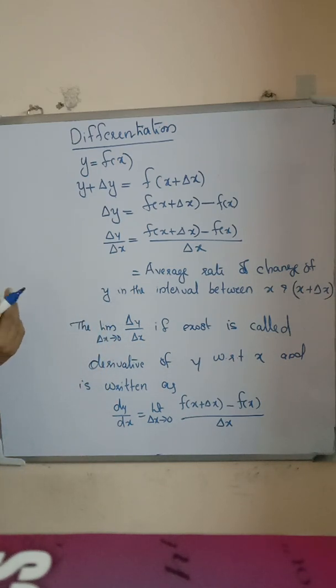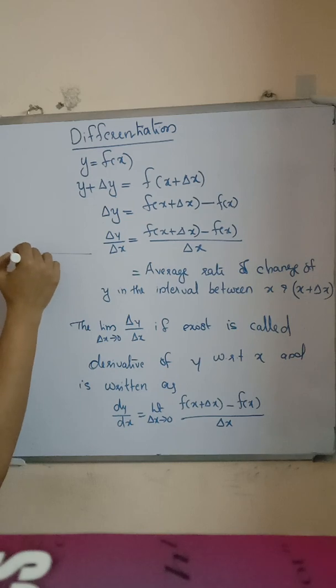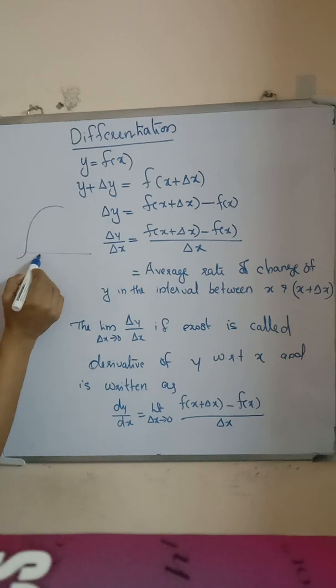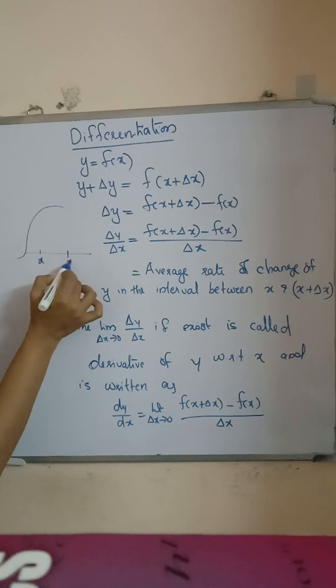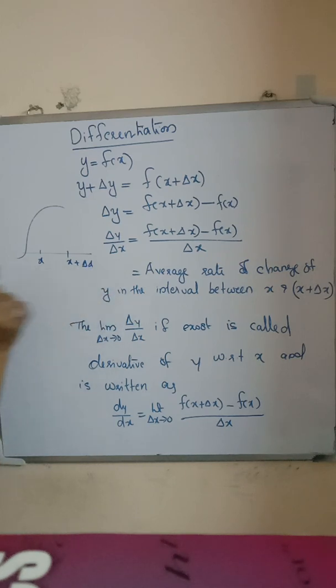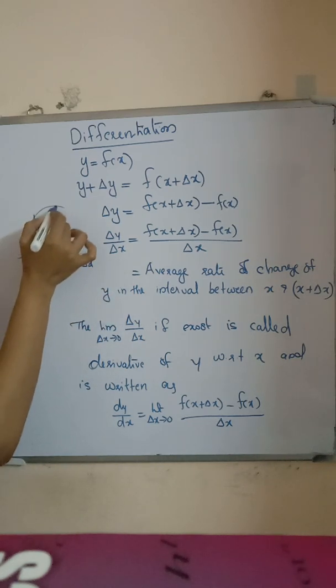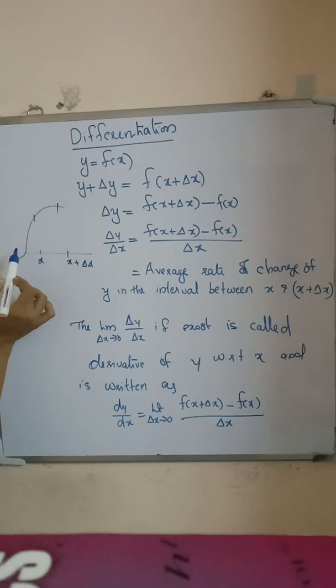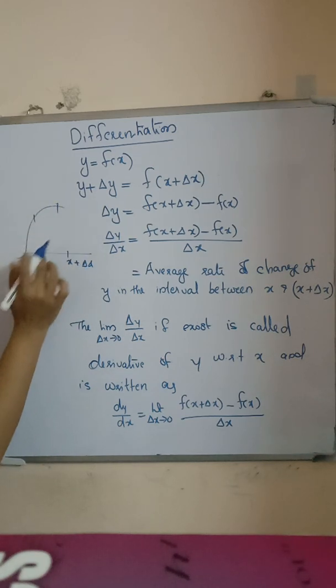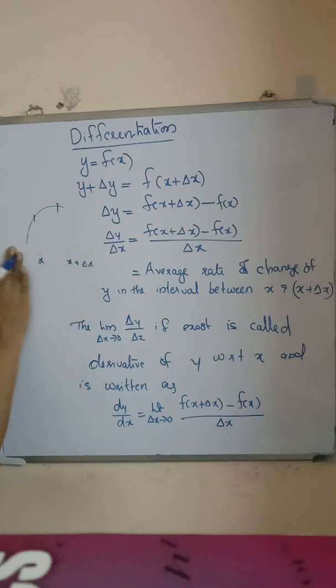If the function is like this, then f of x plus delta x minus f of x represents the change of the function in this interval.